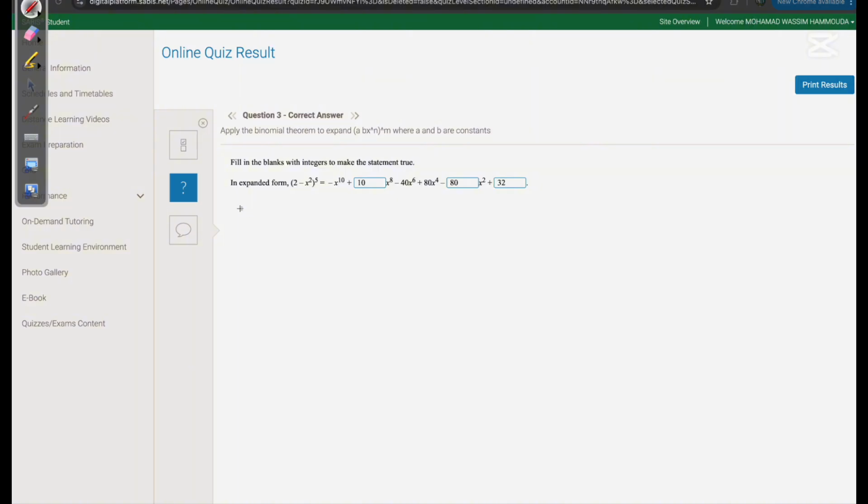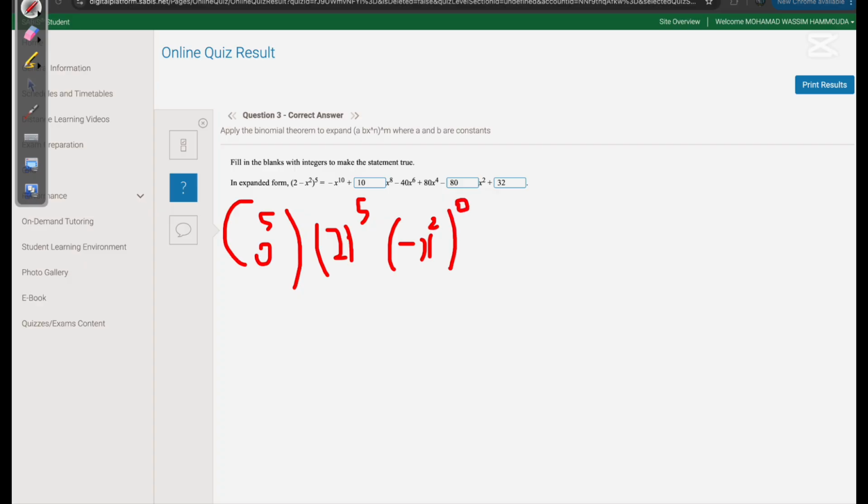So let's start. 5c0 times 2 to the 5 times negative x squared to the 0, plus 5c1 times 2 to the 4.